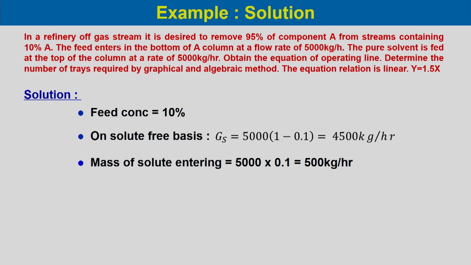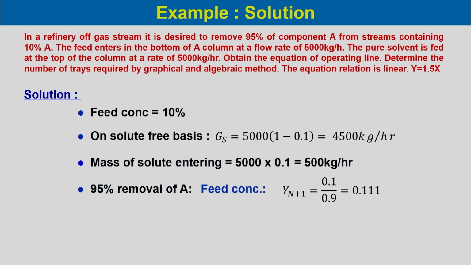Mass of solute entering is 5000 into 0.1, which is 500 kg per hour, and 95% removal of A is required. In mole ratio units, we can calculate y n plus 1 as 0.1 by 0.9, which is equal to 0.111.